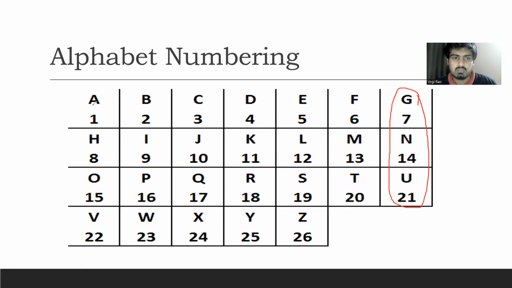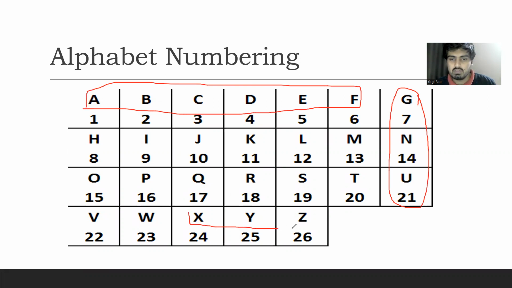And since A, B, C, D, E, F are the starting alphabets, everyone remembers their numbers. And the same is with X, Y, Z. We can easily guess that they are 24, 25 and 26. Coming to H, if we connect the lower part and the upper part of H, it will be somewhat like 8. So we can remember H is 8.